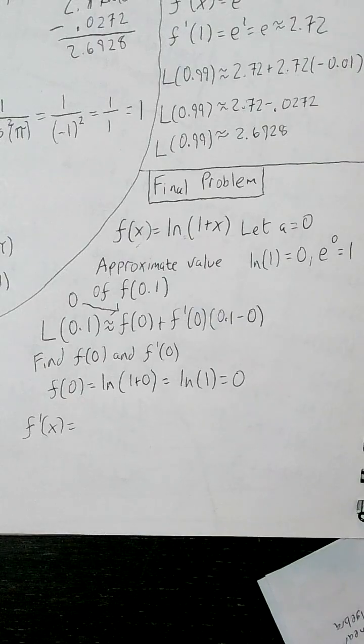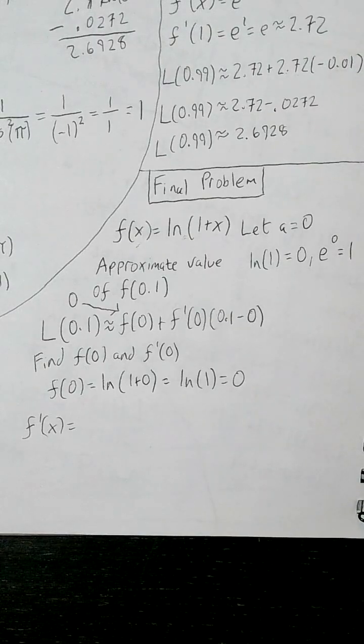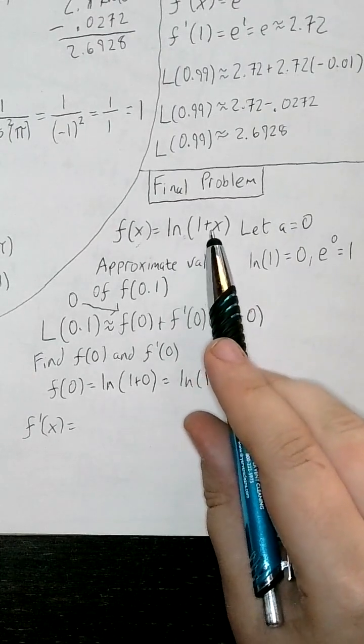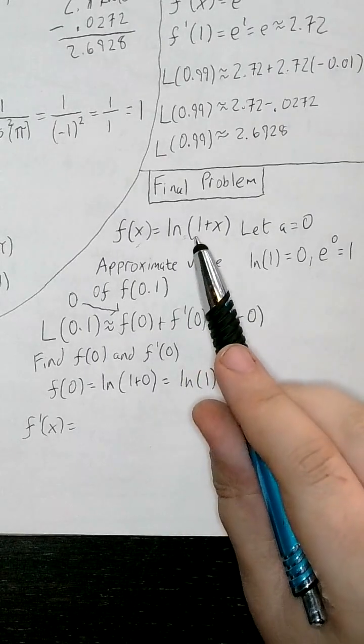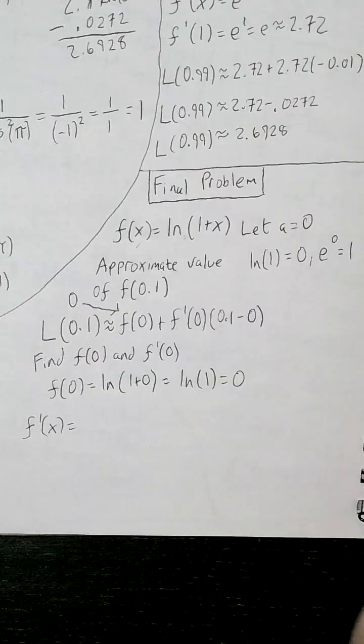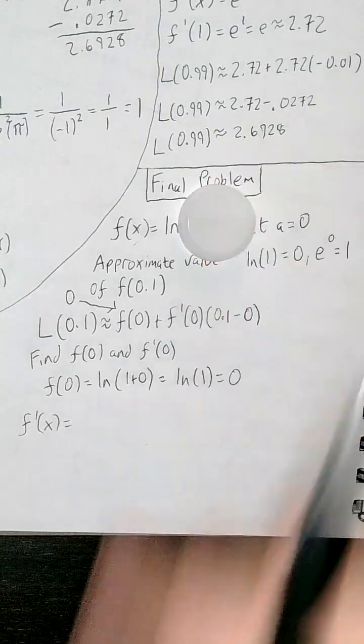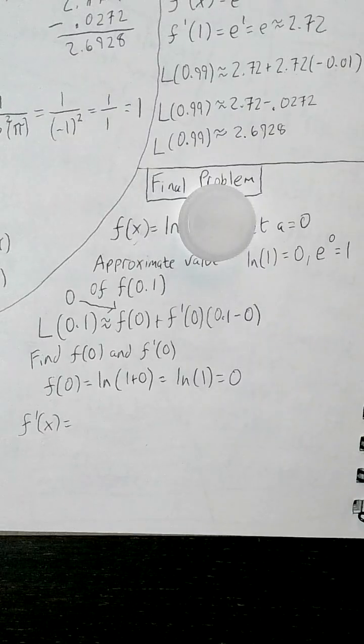What does the chain rule say? If I have a function trapped in another function, I take the derivative of the outer function, leaving the inside alone, and then I take the derivative of the inside. So instead of taking the derivative of natural log of 1 plus x, let's take the derivative of the natural log of bottle cap. What is the derivative of the natural log of bottle cap?